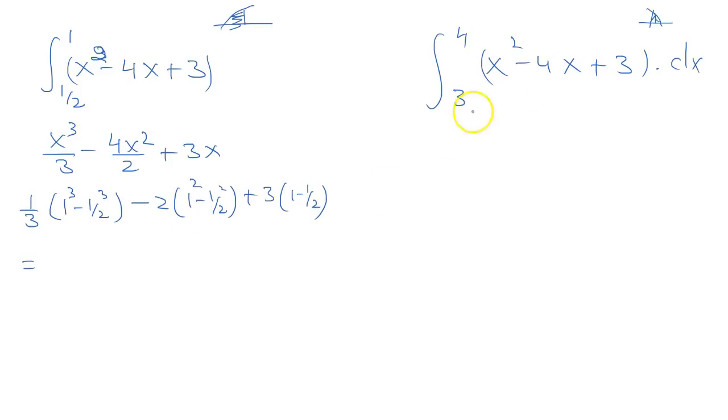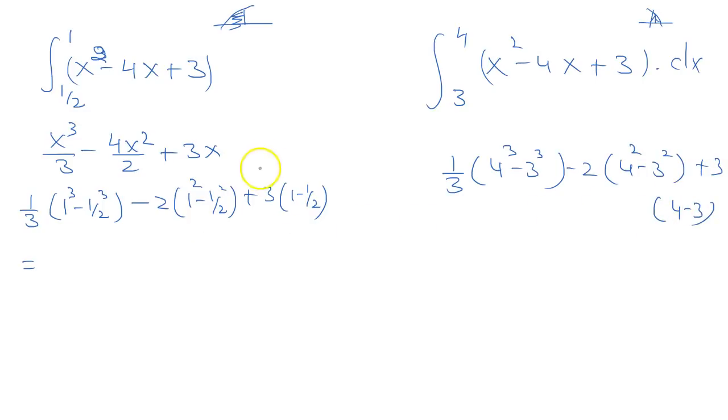And this one will be the same, x³. So that is 1 over 3, 4 cubed minus 3 cubed, minus 2, 4 squared minus 3 squared, plus 3, 4 minus 3. So if you simplify it, you will get this 7 over 24, and this you will get 4 over 3.